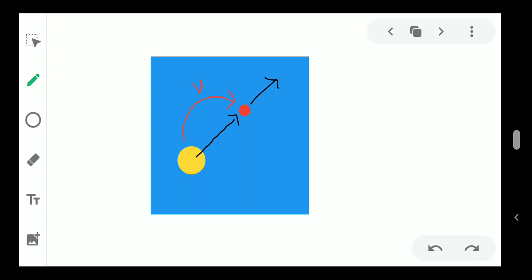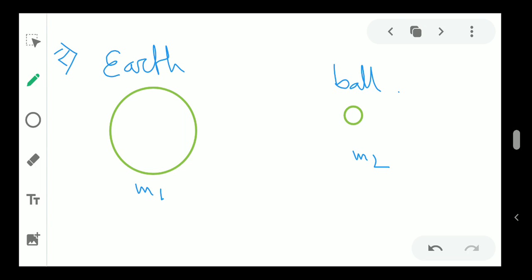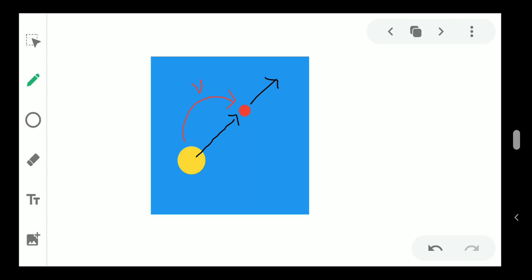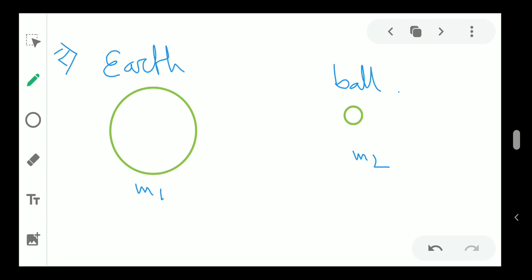Now the question: if only velocity matters when you are trying to change the state, then if I strike a small ball to the earth and if I strike that ball with another ball, they should have the same velocity which the ball has transferred.